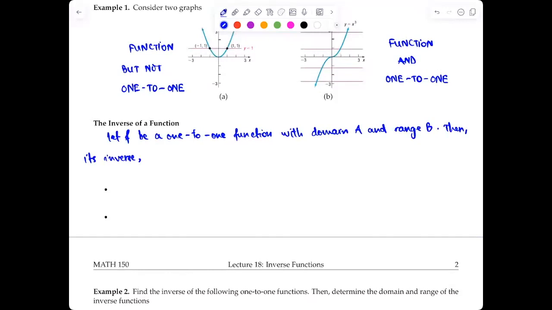The inverse is f^-1. This is not f to the power -1. It's not 1 over f at all. When I say f^-1, I say f inverse. It's not f raised to the power -1. It's f inverse.